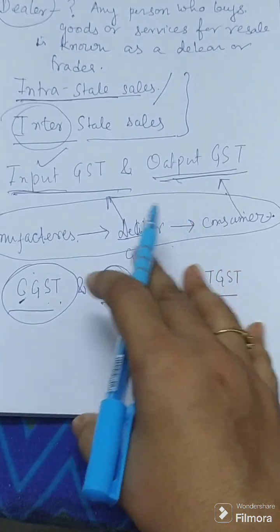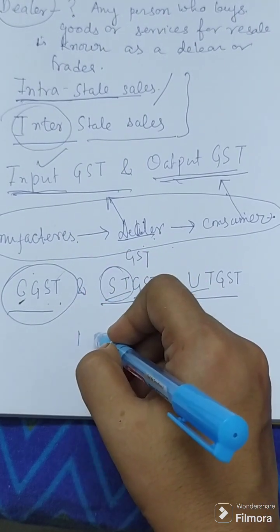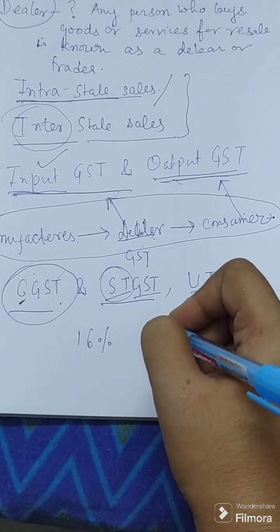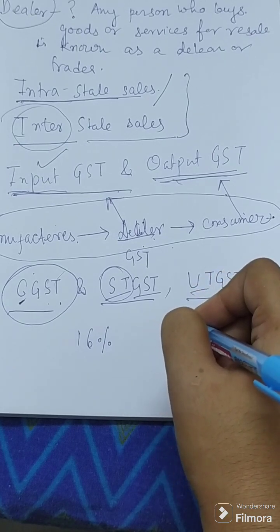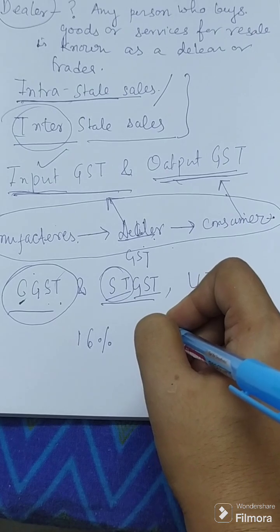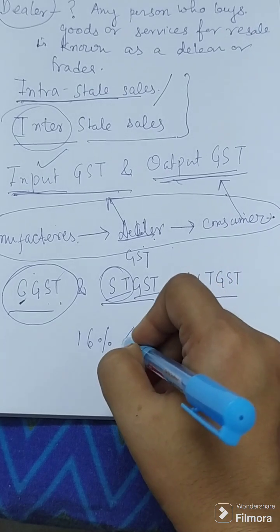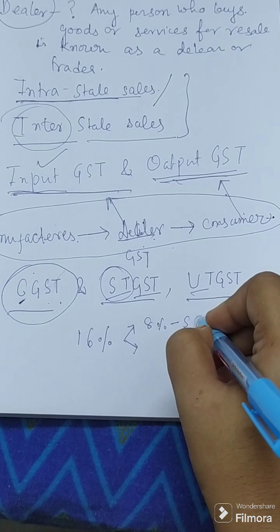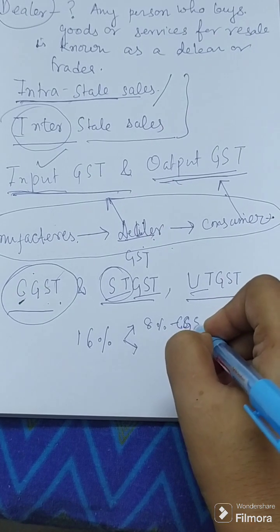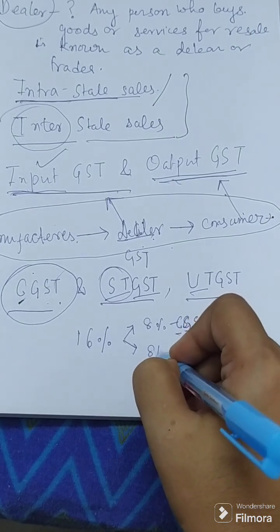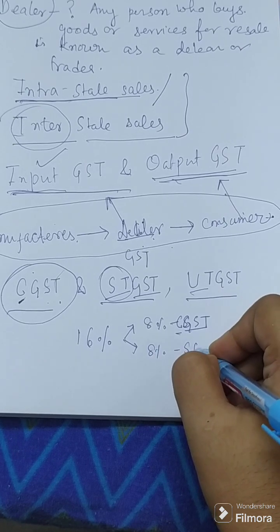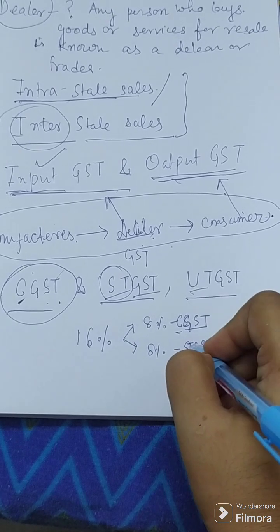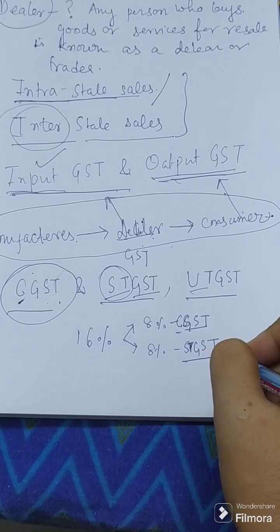That means if GST is 16% and it is intrastate sales, then it will be divided in equal halves, 8% to the central government, CGST, and 8% to the state government, SGST. Understood?